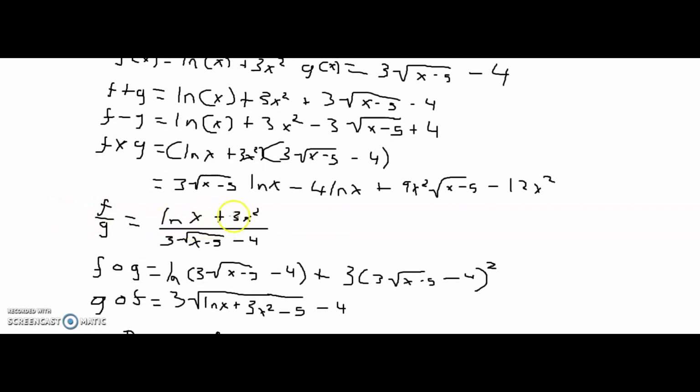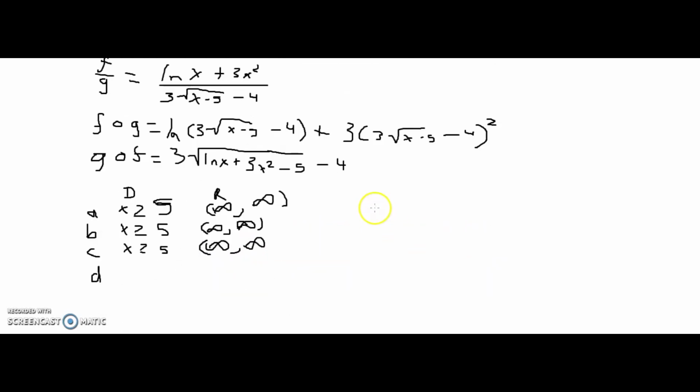And now for part D, division. So it's the same terms, but there is one more thing you have to be aware of. There's one more domain restriction. You cannot have a 0 in the denominator. So let's work it out on the side. Let's set 3 square root of x minus 5 minus 4 equal to 0. So that becomes 3 square root of x minus 5 is equal to positive 4.